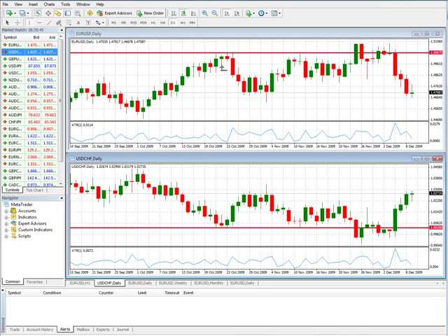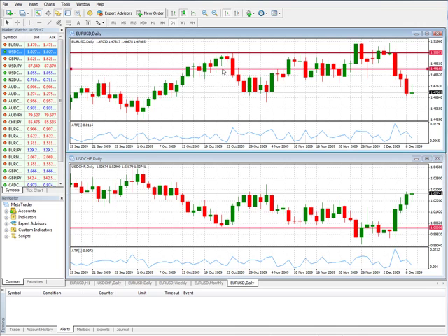Right around here, as you can see on both those charts, it's resistance up here at the top, at the same time support, and that becomes a turning point in which the market begins to travel in the opposite direction.